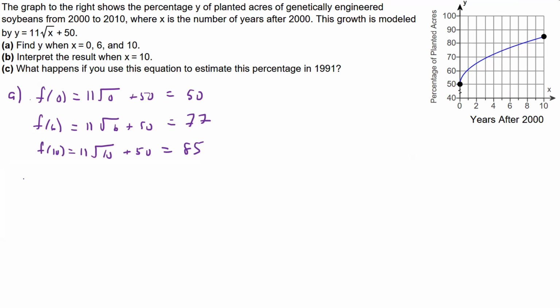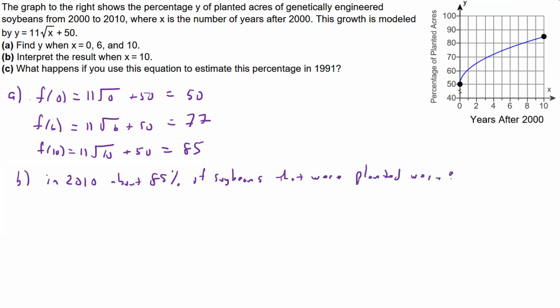So B says interpret when x equals 10. So in what year is that? Well, that's in 2010, about 85% of soybeans that were planted were genetically modified.